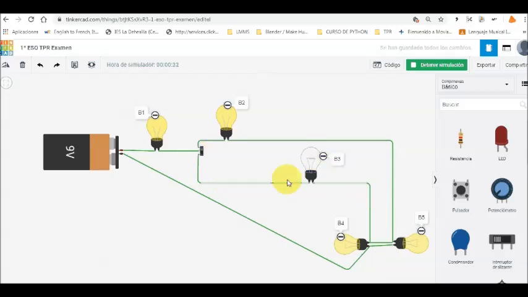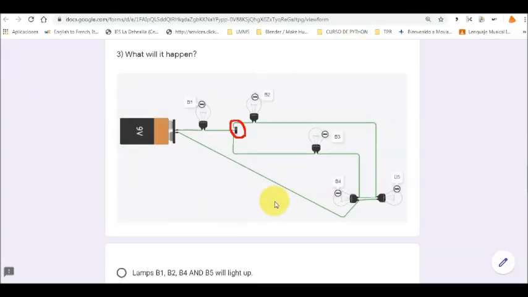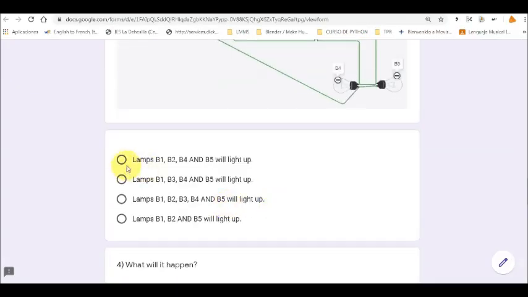That's why, because of that, the lamp number 3 will be completely off. So this is the right answer. Only B1, B2, B4, and B5 will be on.